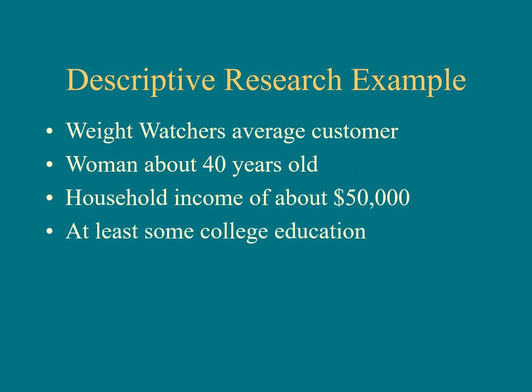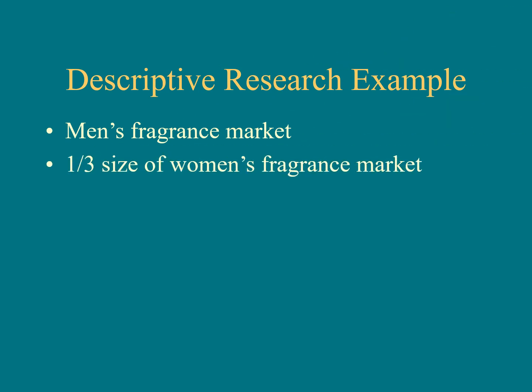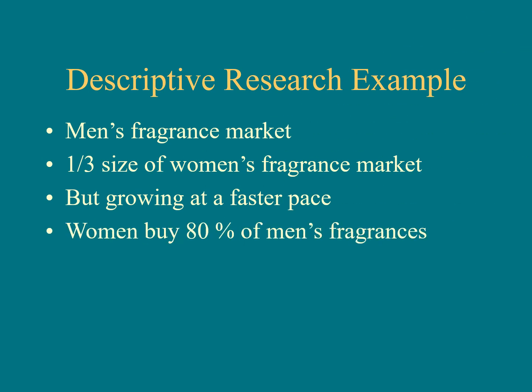You can understand descriptive research with this example: Weight Watchers' average customers are women about 40 years old, household income of about 50,000 US dollars, at least some college education, etc. This is a description of a segment trying to juggle children and a job, etc. Another example: one can look into the men's fragrance market and find that it is one third of the women's fragrance market, but it is growing at a faster pace.